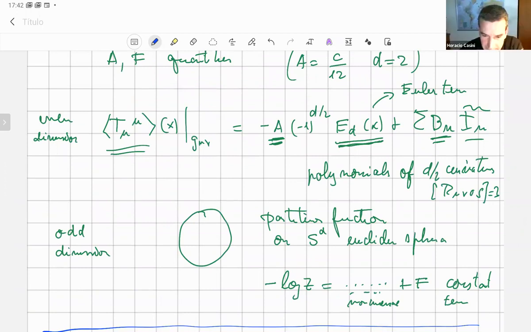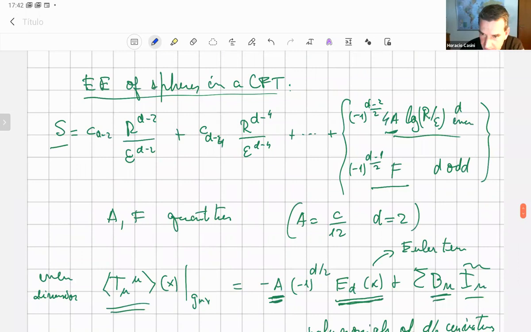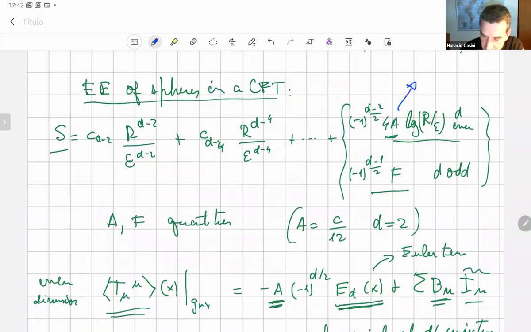Well, in fact, you can see that there is a very different thing. This A here in the entropy itself multiplies a non-local piece and also a local piece, right? So it has the two things together. So it means that this A somehow can be obtained also from something quite local, like an anomaly.